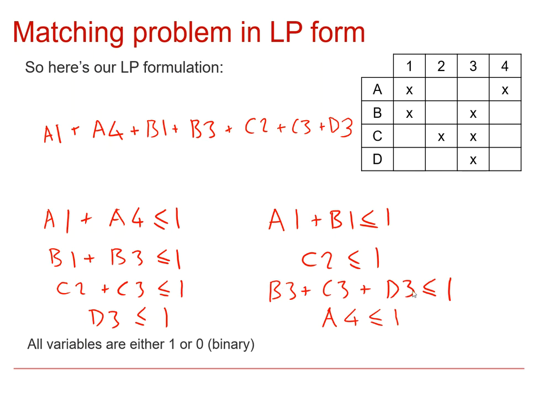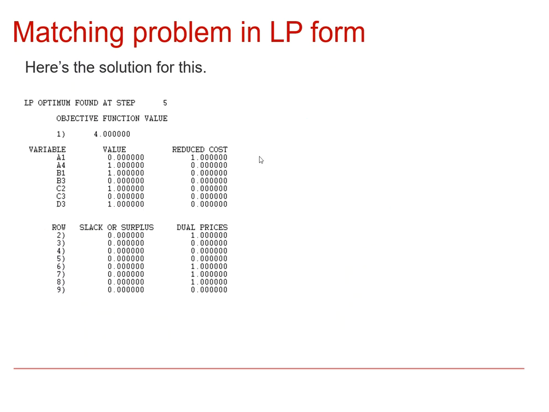Notice, for example, this one comes from this column with 3 crosses in, and the other thing, of course, is that all these variables have to be either 1 or 0, so they're all binary variables. So there we are. That's the formulation of the problem as a linear programming problem.